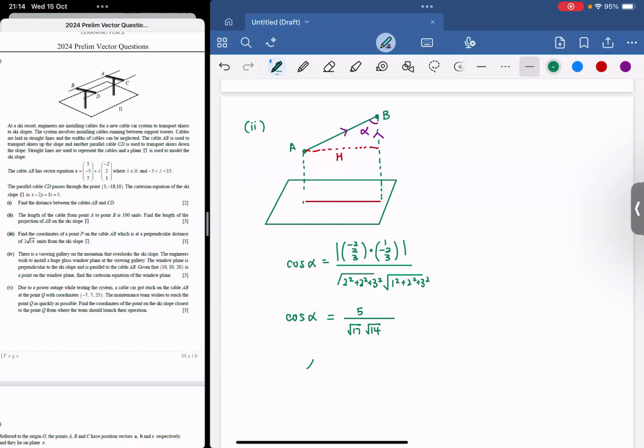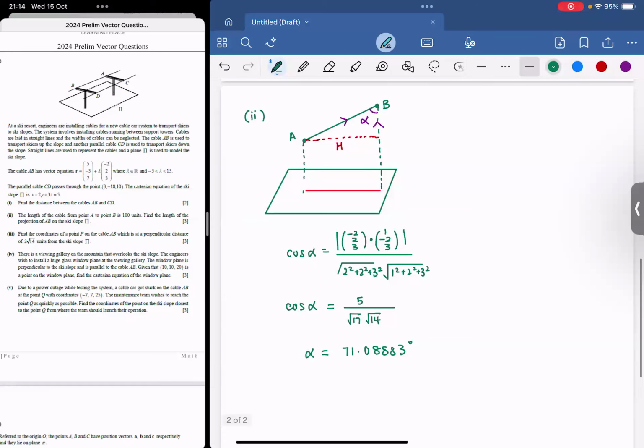So alpha equals cosine inverse of 5 divided by the square root of 17 times 14. It will give me 71.08883 degrees. Now you have this angle already, and you have the length AB.